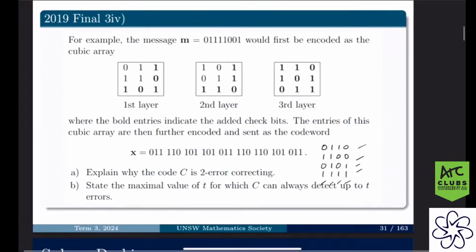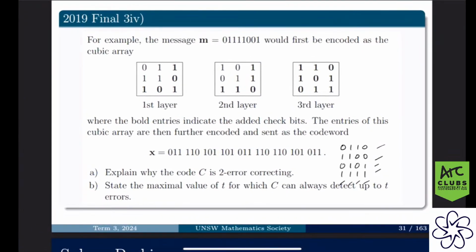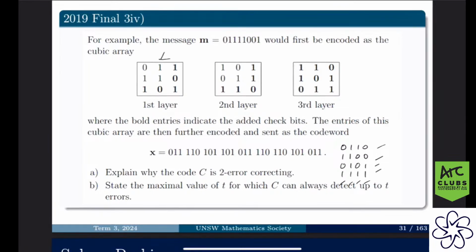So I'll have to describe this, I think, because it might be a bit horrible if I try to draw this three-dimensionally. But you can imagine if we have a cube of bits and we have two errors, there's going to be at least one layer in one of the axes, right? So it could be through this axis, or maybe through this vertical one here, or this sideways one.